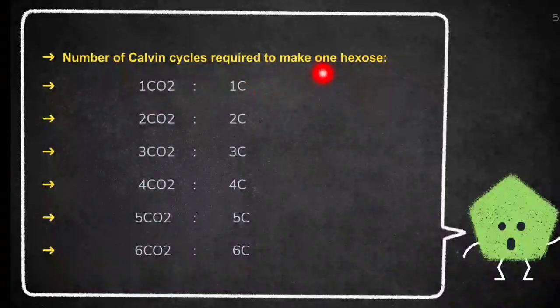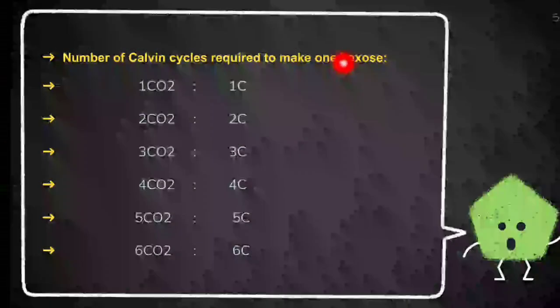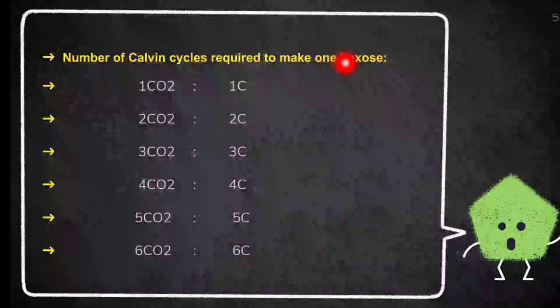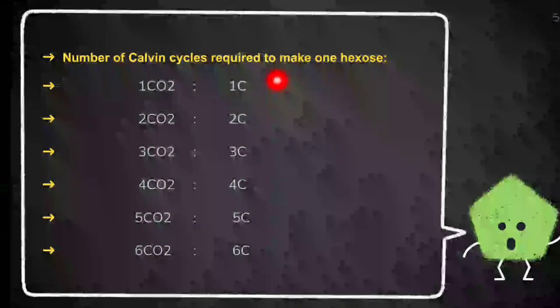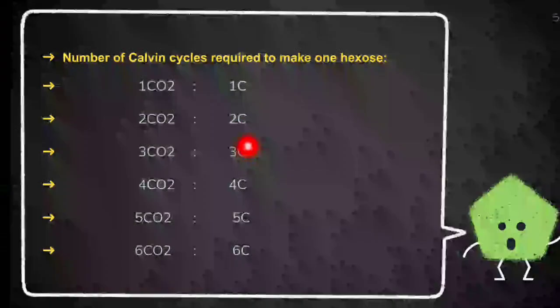So here is the chart or a summary I have designed for you, the number of Calvin cycles required to make 1 hexose. So I told you that the Calvin cycle will start with 1 carbon dioxide to make a 1 carbon carbohydrate. Okay, 1 carbon molecule, you can say carbohydrate, because carbohydrate starts from 3 carbons. So 1 carbon compound will be formed, then 2 carbon dioxide will make a 2 carbon compound, 3 carbon dioxide will make a 3 carbon carbohydrate.